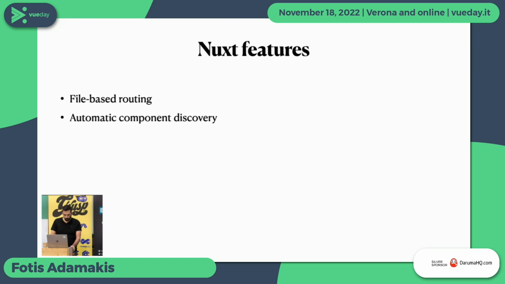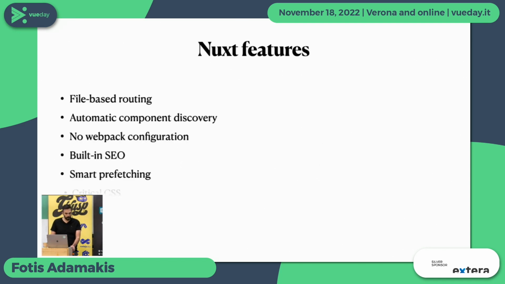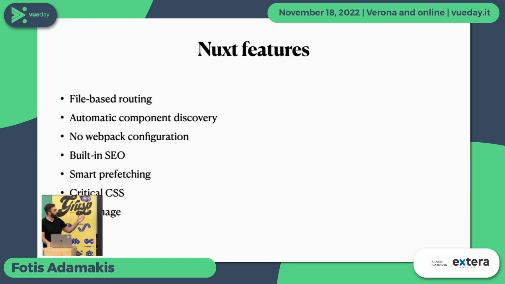Some of those features are file-based routing, automatic component discovery, no web app configuration, built-in SEO, smart prefetching, critical CSS, and Nuxt Image. You get all of this for free without any effort. You could implement it in a Vue project, but having a well-tested way of doing this is always welcomed.